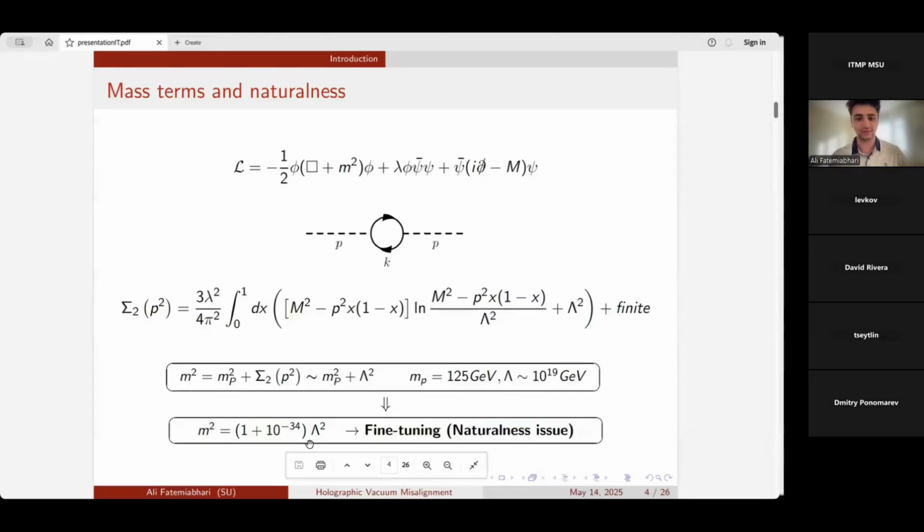So this result means that a very slight change in the bare mass at the very high UV completed theory will result in a drastically different Higgs mass. And this is called the fine-tuning problem or naturalness issue.